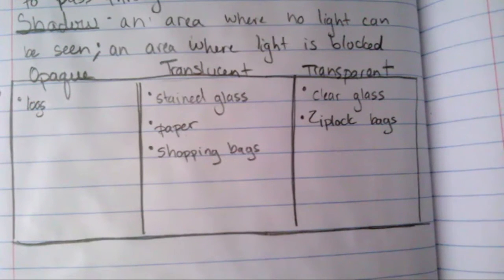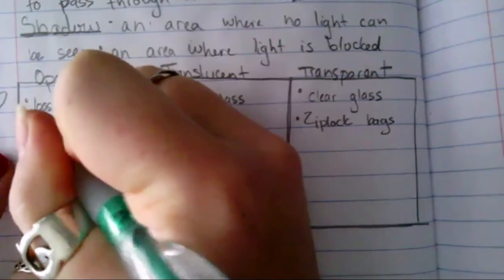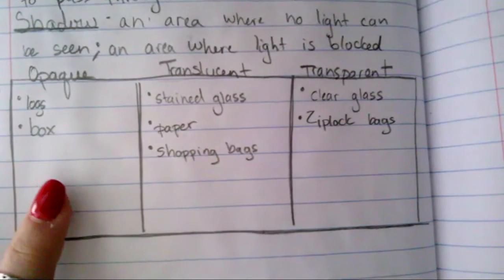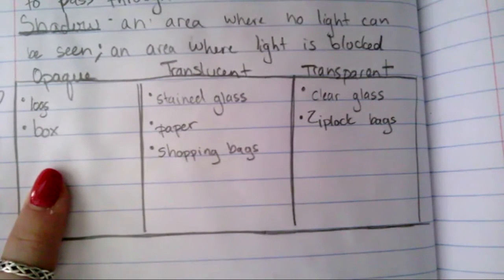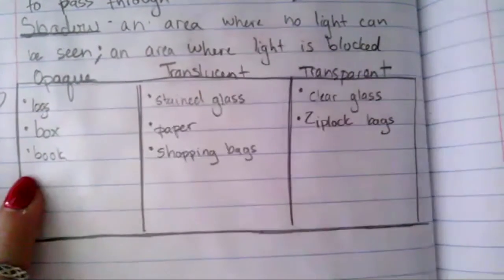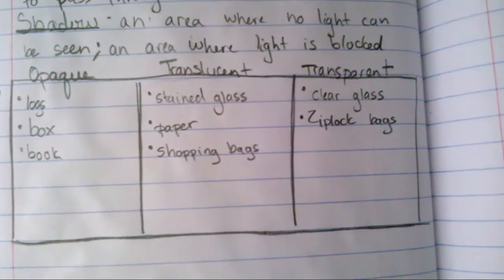Emily, did you have something to add? Emily says a box. Okay. I think she means like a cardboard box or even a wooden box is going to be opaque. Skylar says a book absolutely can be opaque.